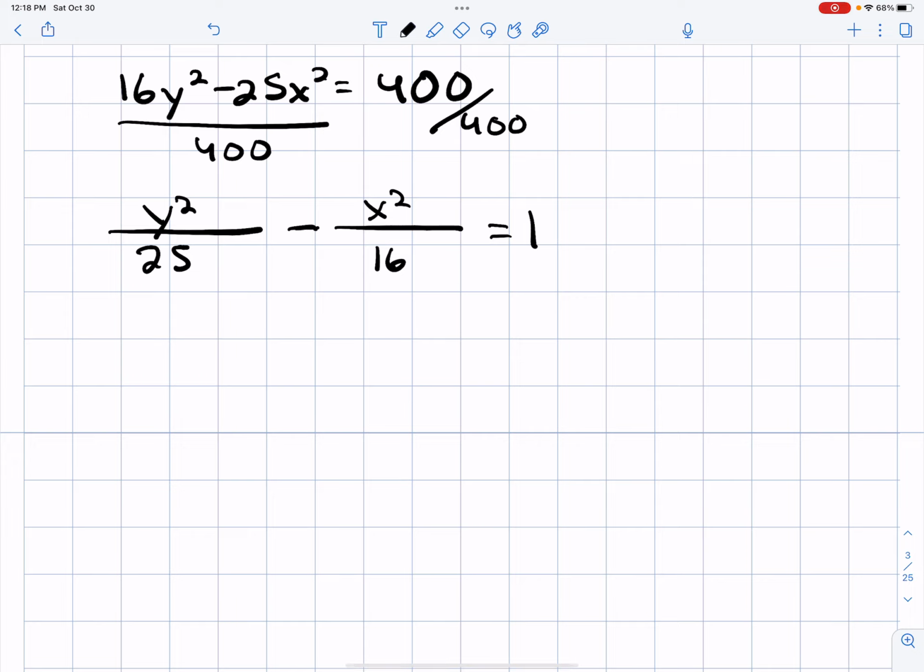It tells you it's a hyperbola with this y squared over 25 minus x squared over 16 equals 1. So like in this case, your a is 5, your b is 4. And this is one of the ones that's going to open up and open down. So I'll leave that to you to graph, but just wanted to show you what to do if the equation is not in that standard form yet.